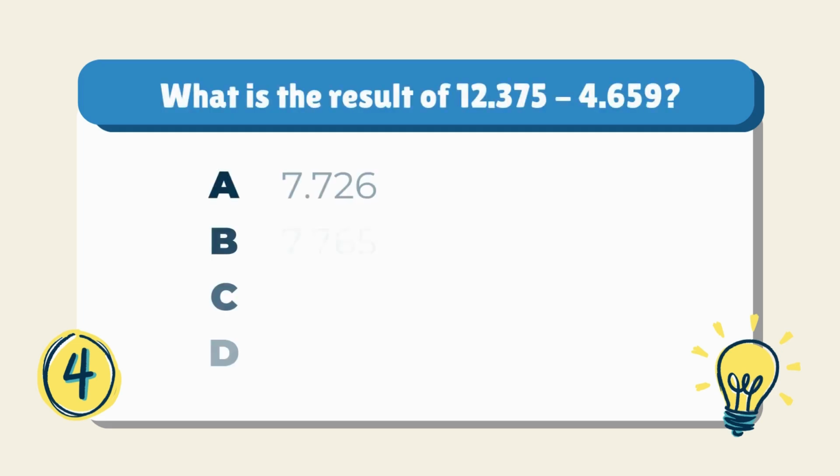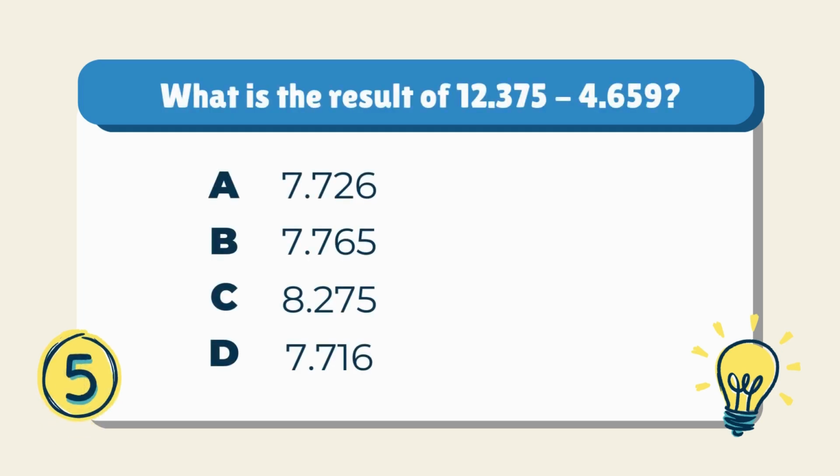Question number 5. What is the result of 12.375 minus 4.659? A. 7.726. B. 7.765. C. 8.275. And D. 7.716.